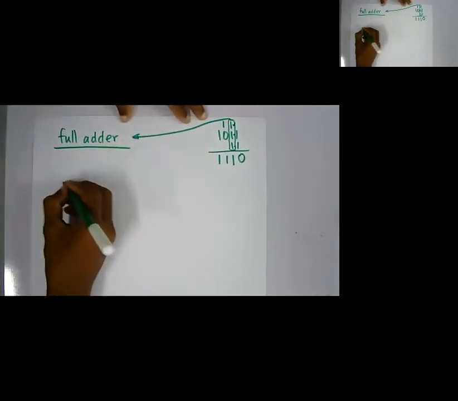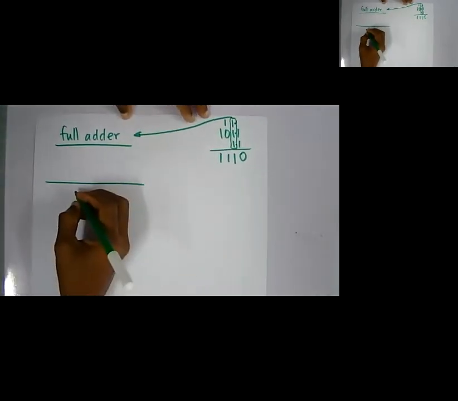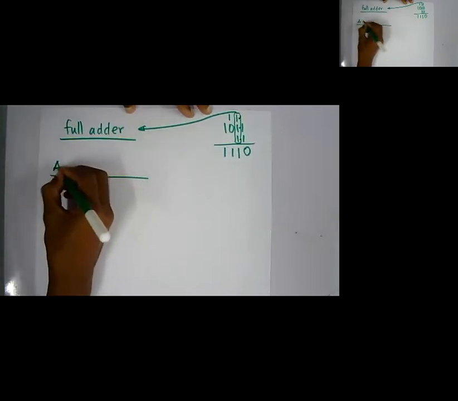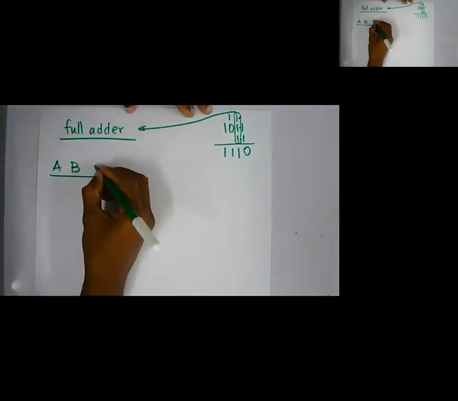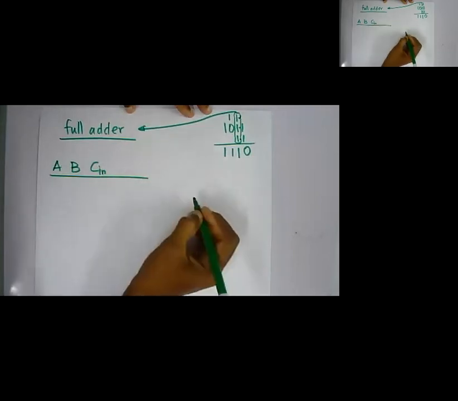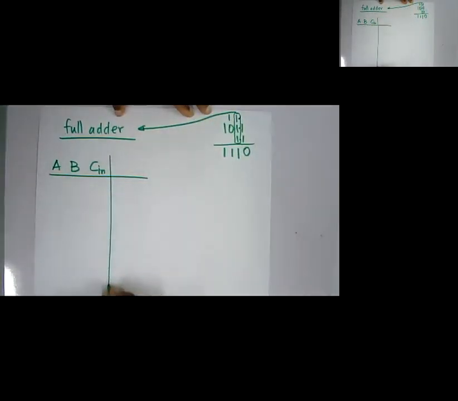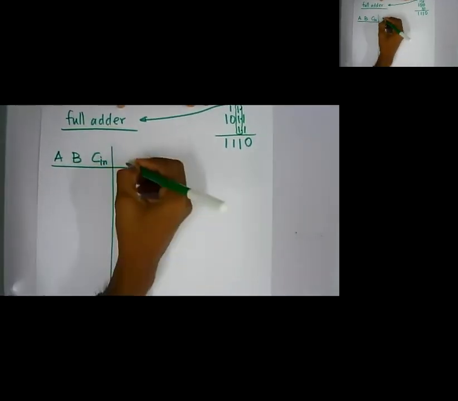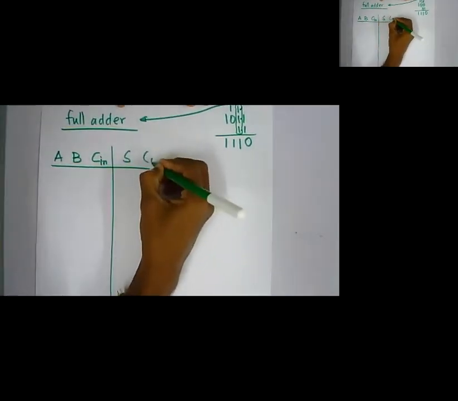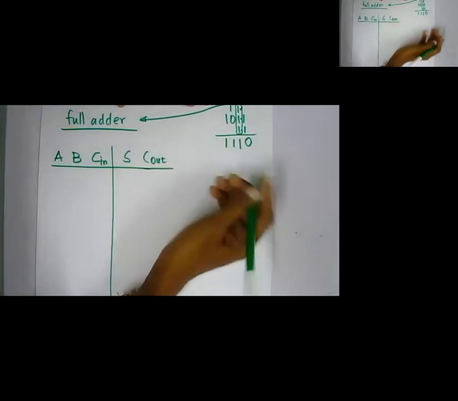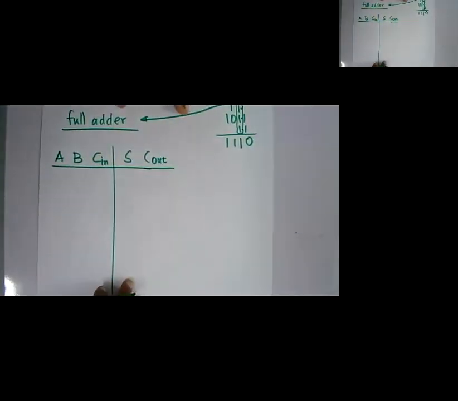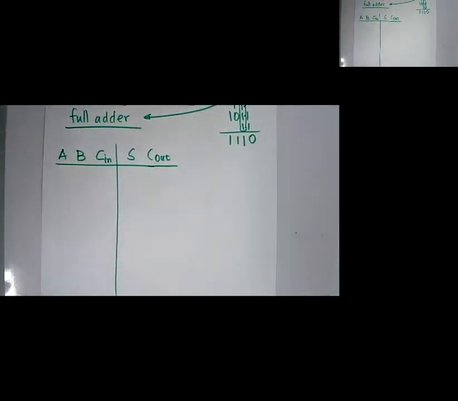As I said earlier, we have 3 inputs in this case: A, B, and we make it carry in. Carry comes in. And similarly, I have only 2 outputs, which are sum and carry out, the carry which is brought to the next level. Now, let me put the combinations.